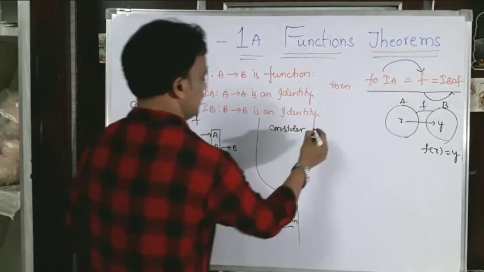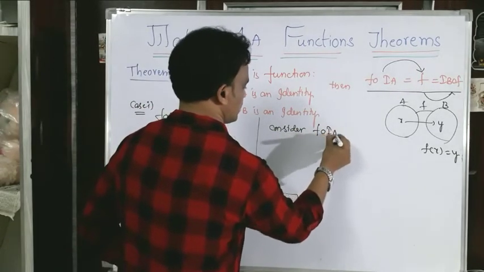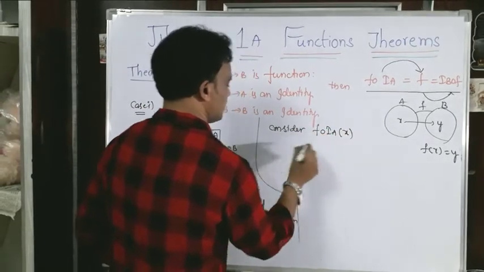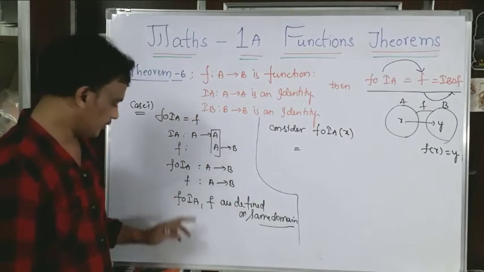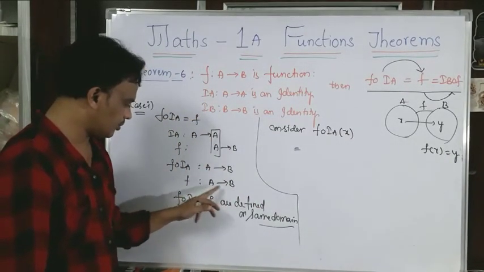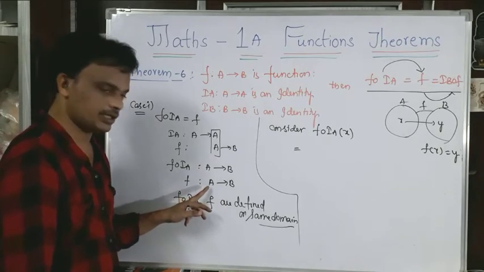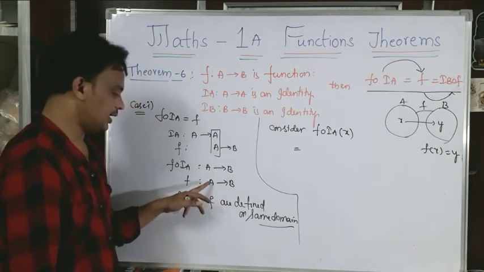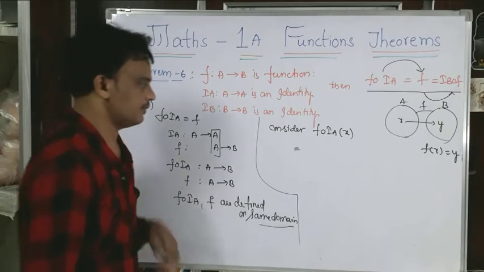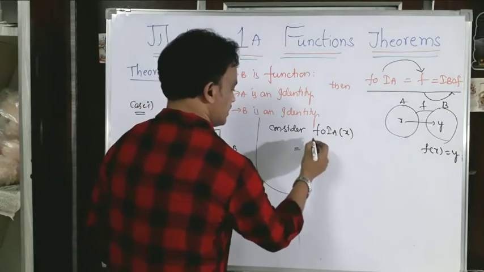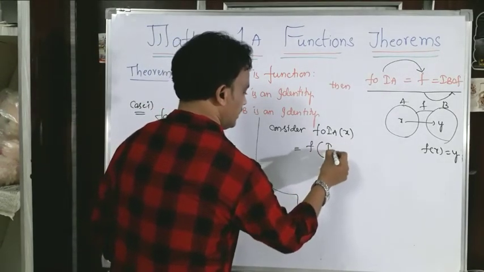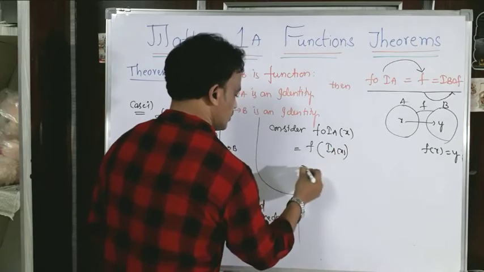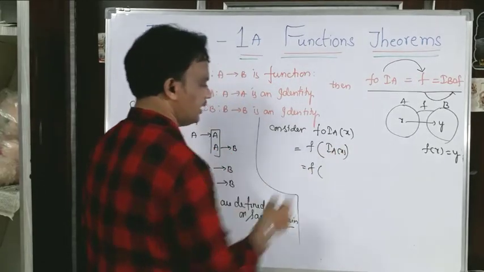F circle identity function IA of X. Why? Because it is defined from A to B. I am going to take one element X in A. Let us see: F circle IA of X equals F of IA of X. What is the meaning of IA of X?